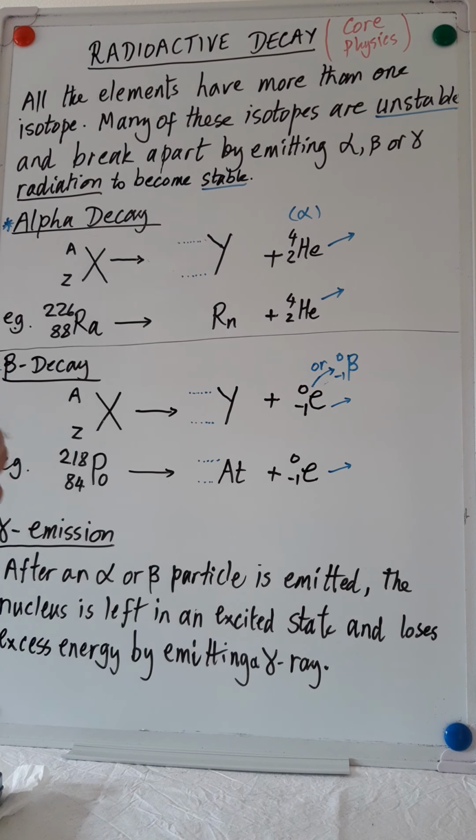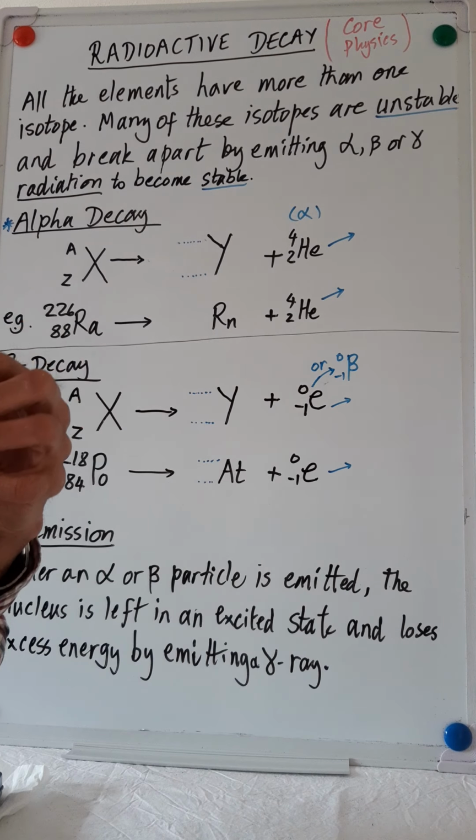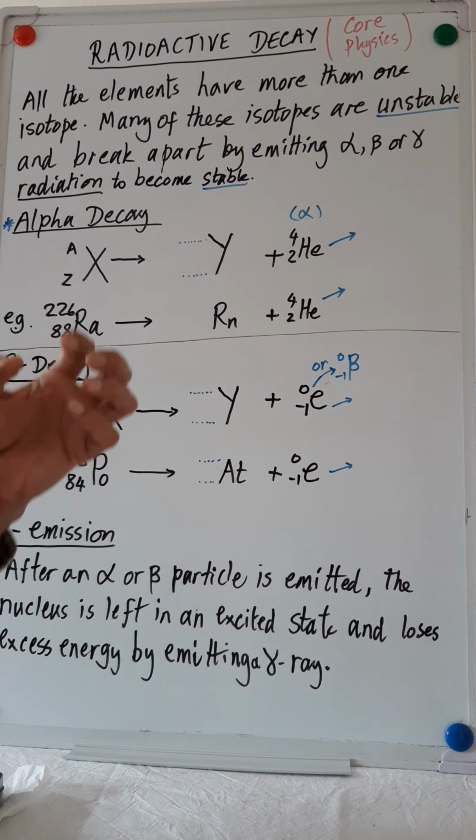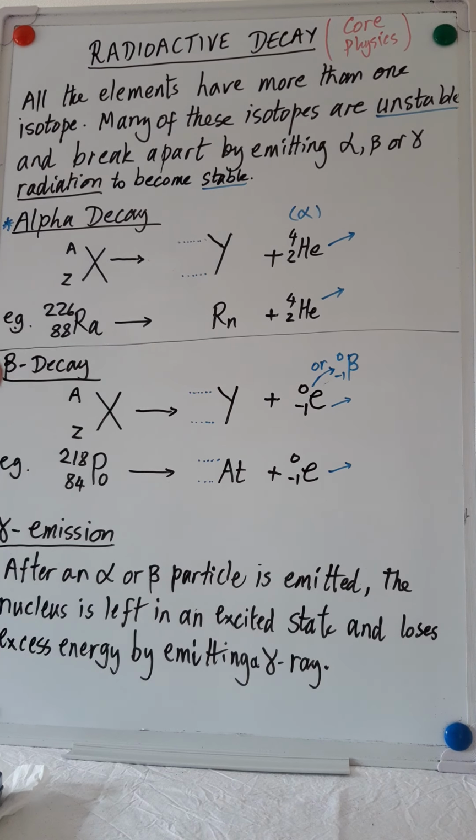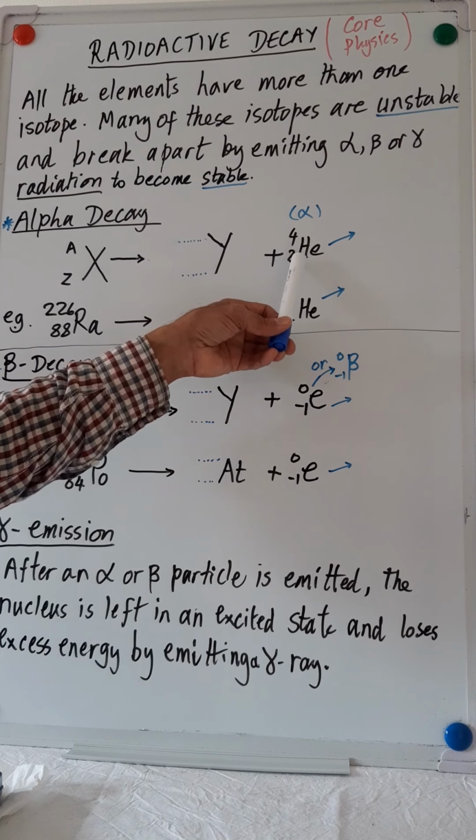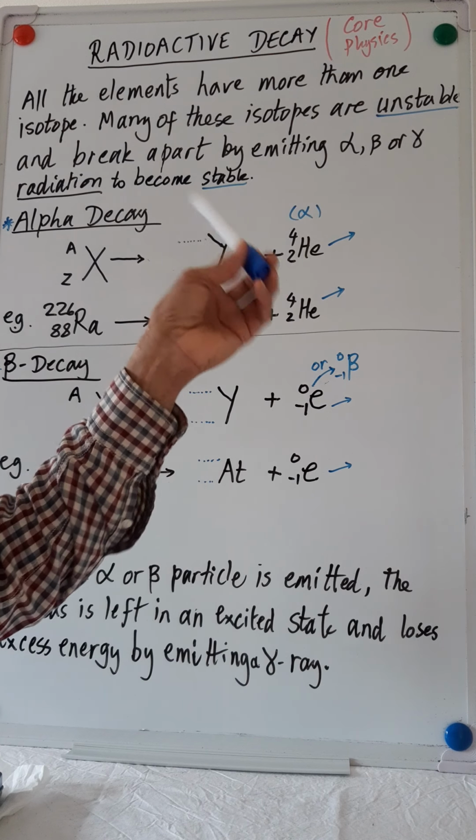So they will be trying to break the nucleus apart. The strong nuclear force will be trying to bind them together. Now, if there are too many protons for stability, the nucleus will break apart by emitting an alpha particle, to get rid of the extra protons, extra positive charge.